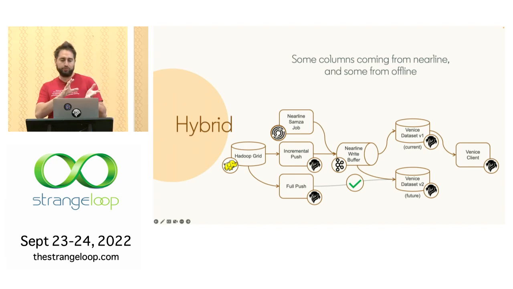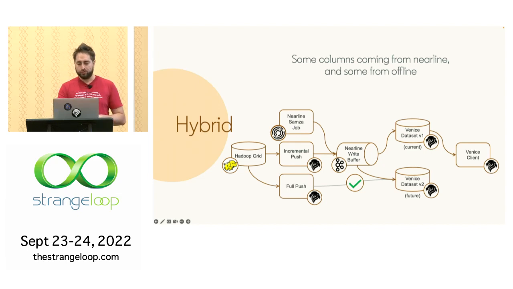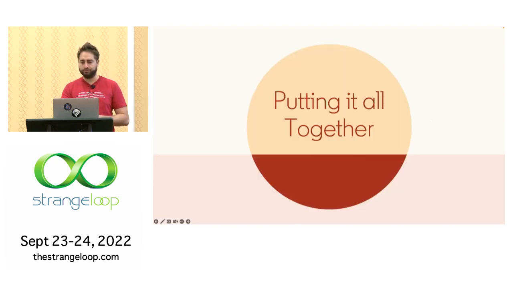Well, they have the flexibility with partial updates to limit the scope of their investment to writing a stream processing job that refreshes just the columns they care about, and it gets naturally overlaid on top of the full push after it comes in. So this is a way to compose these different write methods in very versatile combinations.